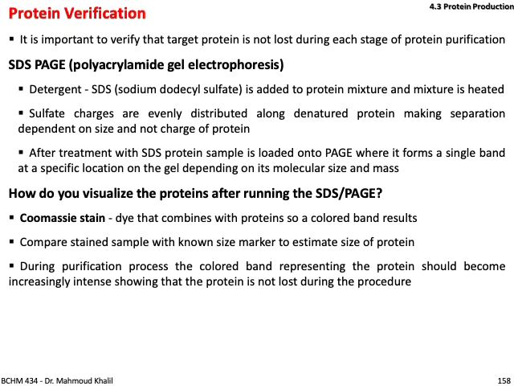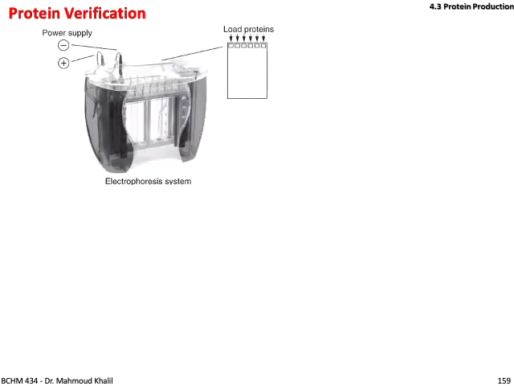In other words, if the purification is going okay, the band will show increasing color. We can see that in the figure. This is the electrophoresis system, and from the top figure, you can load the protein into the well.